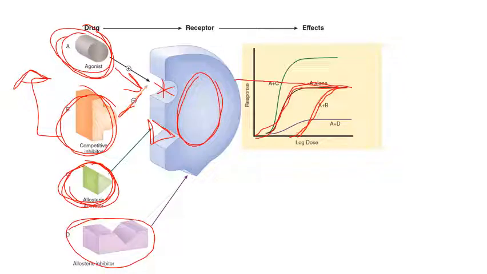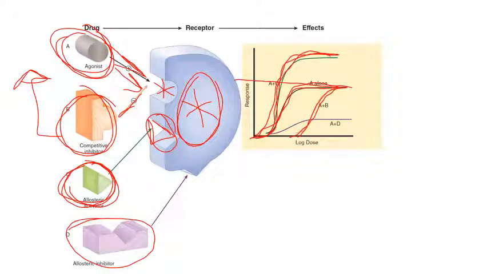Allosteric activators are not agonists by themselves, but they can increase the efficacy of agonists by acting on different sites. So in this case, you can see from the A and C figure, the efficacy has increased, because of the binding of allosteric activators with the receptor and converting it to the activated form.